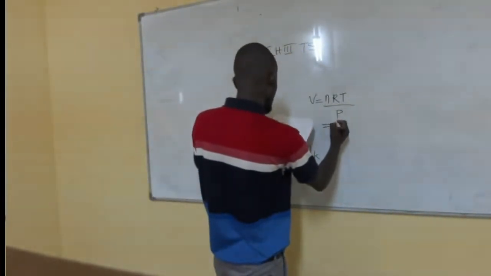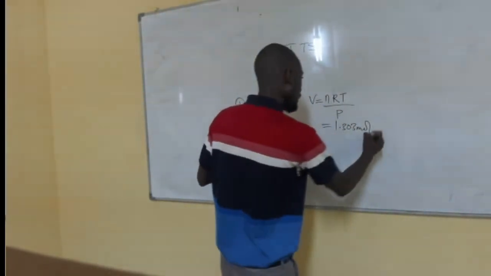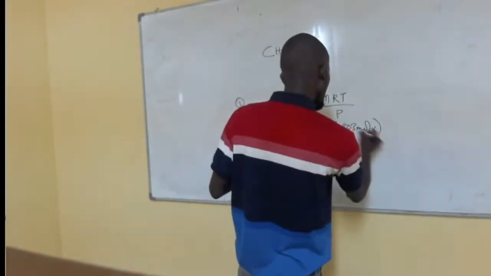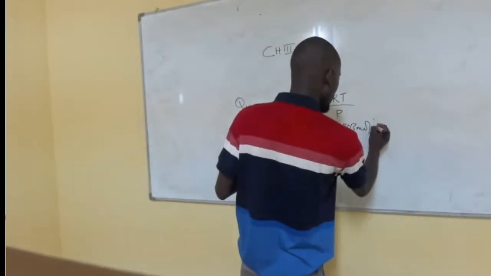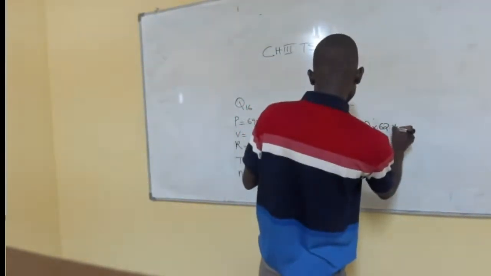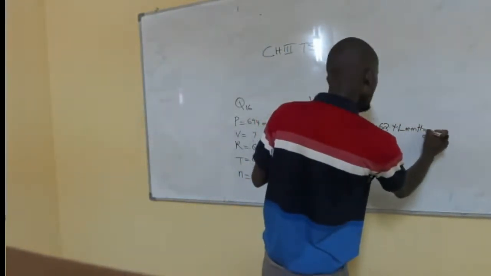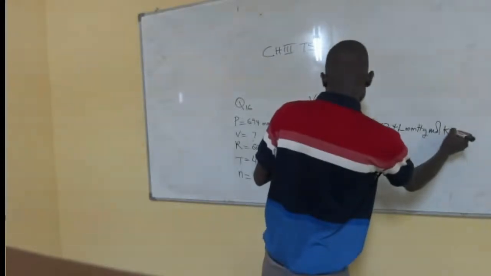So we substitute, we are saying 1.303 moles. Then by the constant, of course, we are now in millimeters of mercury. So we need to use a constant that relates accordingly so that we don't make any mistakes in our calculations.